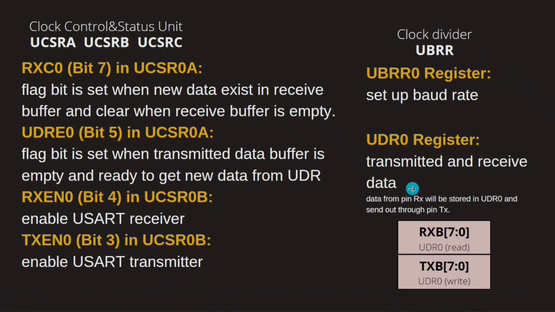It transmits and receives data in the same register. Here is the model of it. It receives the data here at RXB, and then it transmits out here, but this block is the same register.